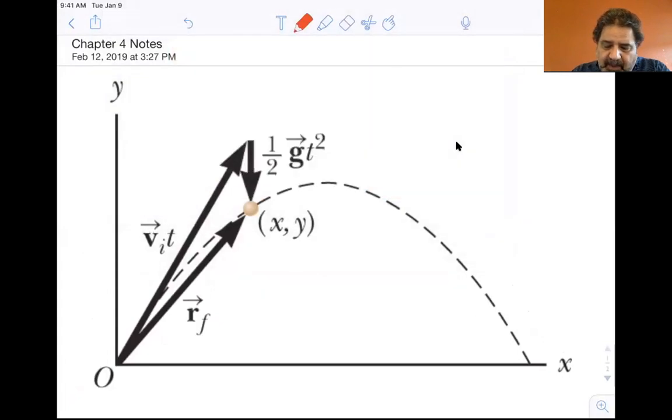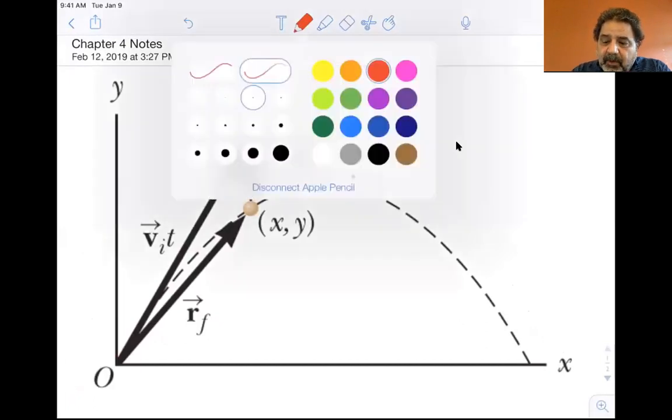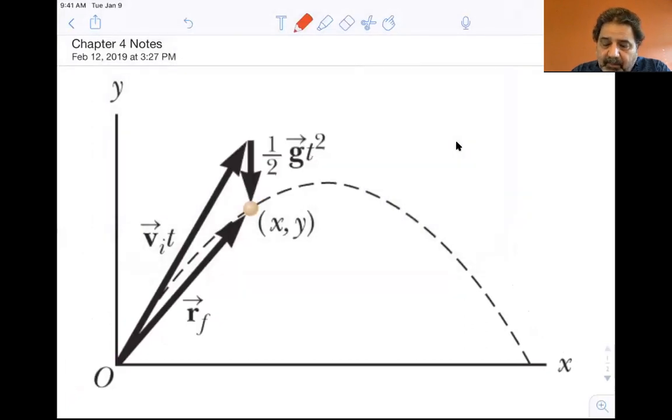We have initial velocity at some angle, and let me make it bigger. We have an initial vertical velocity and initial horizontal velocity. I should make that a straight line.